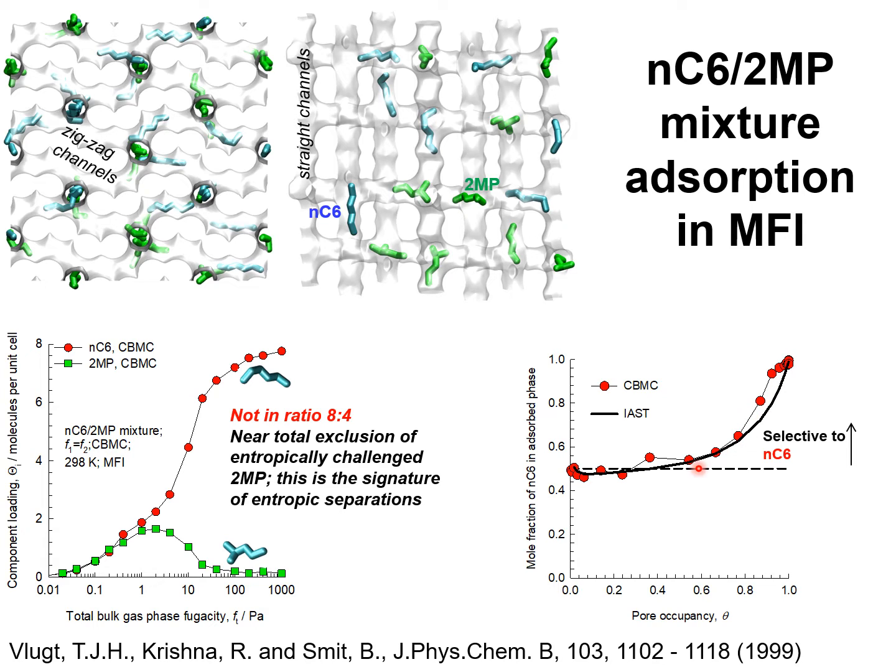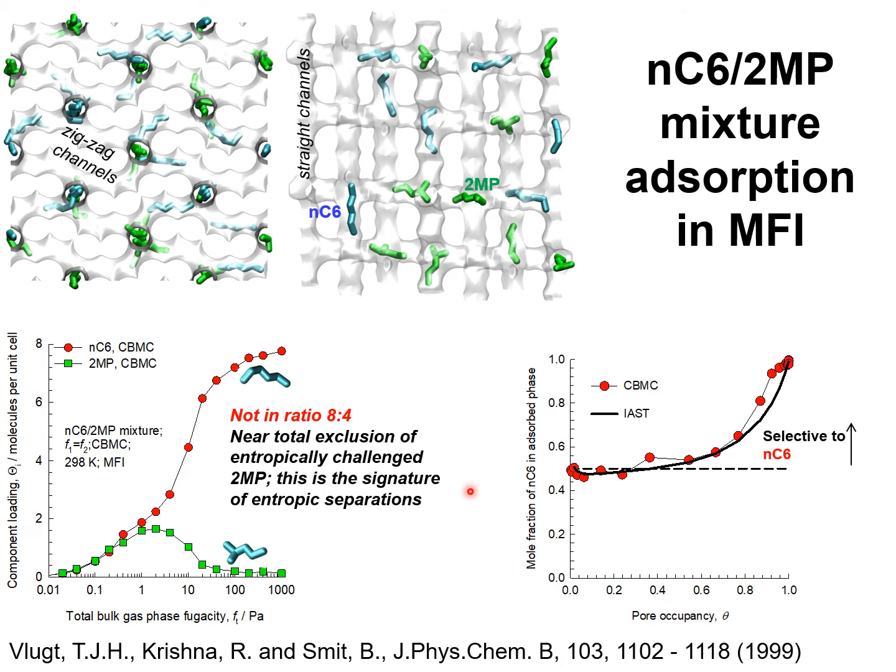In this region, we have a selectivity towards normal hexane, and we note that as the pore occupancy approaches unity, the mole fraction of normal hexane in the adsorbed phase approaches a value of 1. In other words, 2-methylpentane is virtually excluded from the pores at a pore occupancy of 0.1.